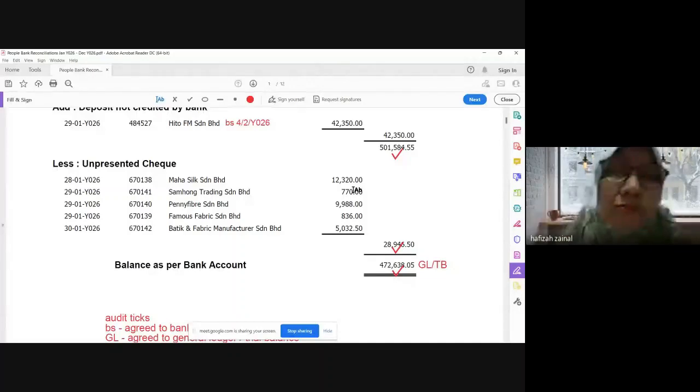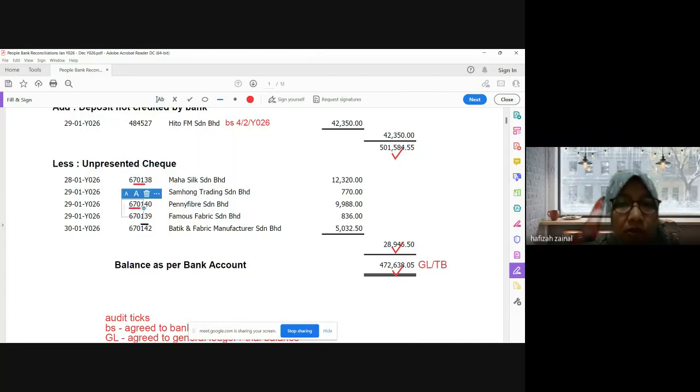We pick a sample, normally on the material amounts. So in this case, maybe we just select Maha Silk, Penny Fiber, and Batik and Fabric Manufacturer.